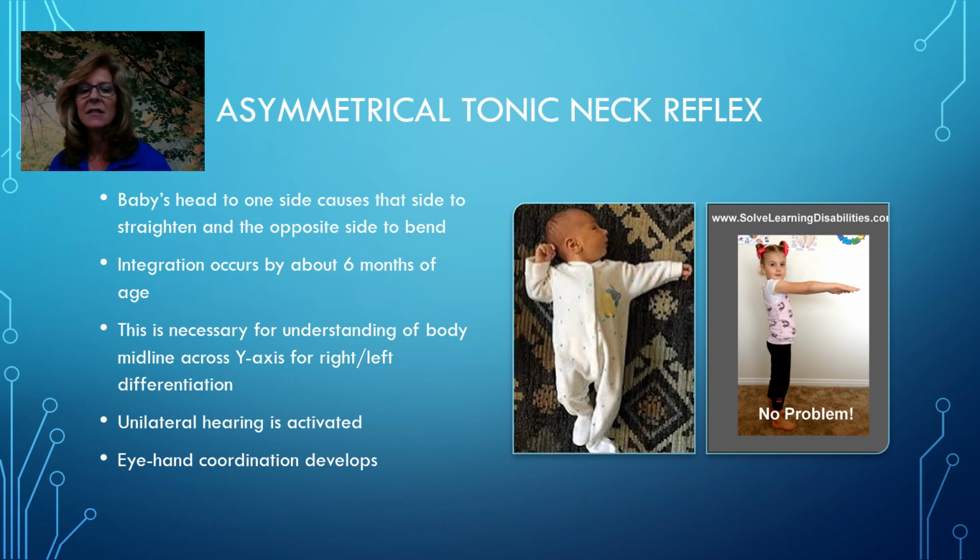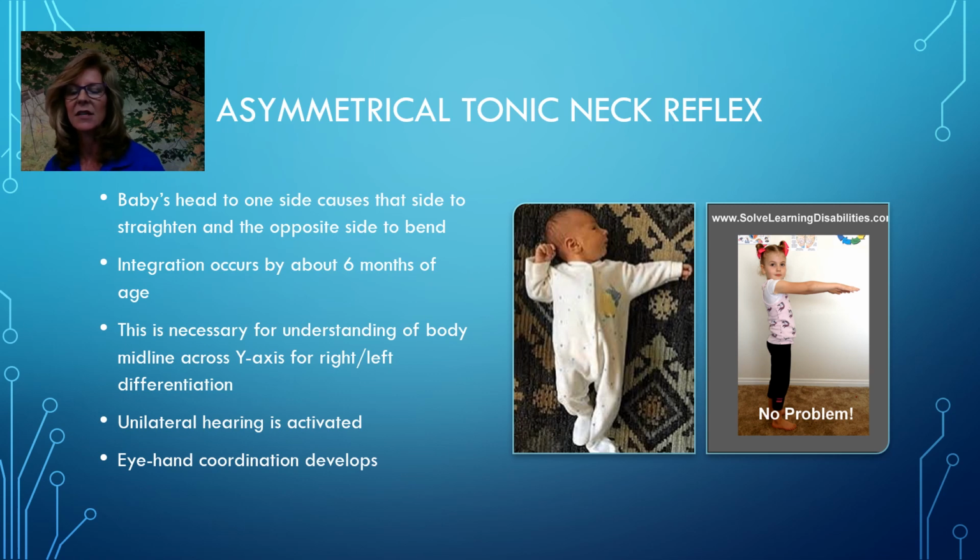And this is necessary for understanding the body midline across the y-axis for left and right differentiation. So as that baby turns to one side and one side straightens and the other side flexes, and then the baby turns to the opposite side and now the opposite side straightens and the other side flexes, they start to develop a sense of where midline is so that they can learn about left and right.